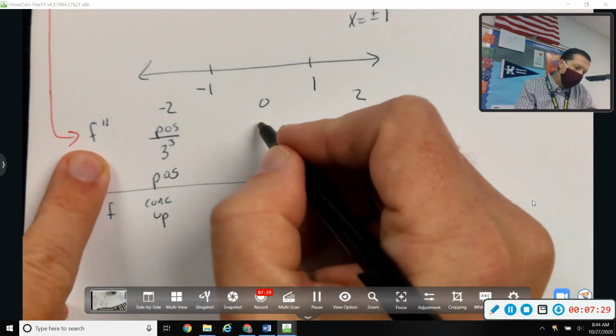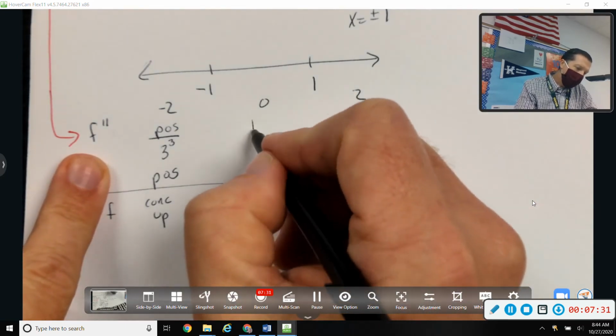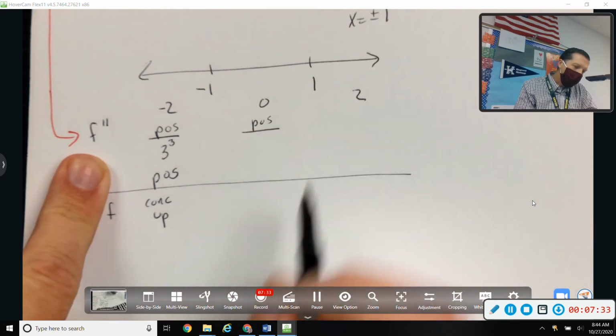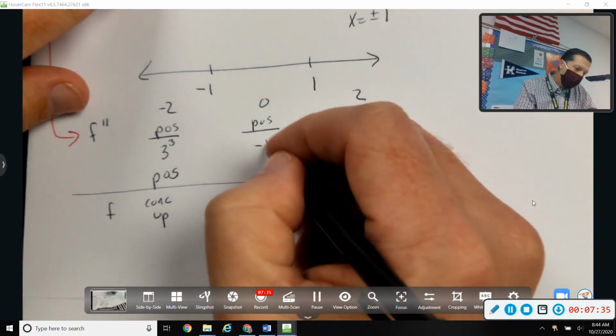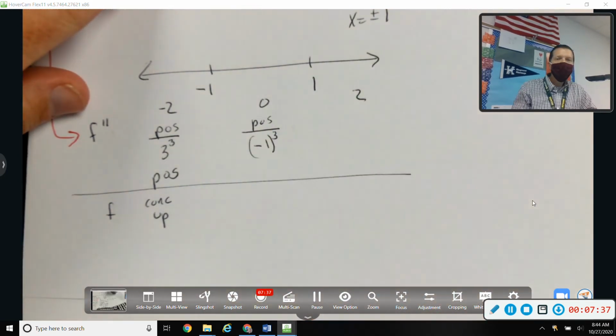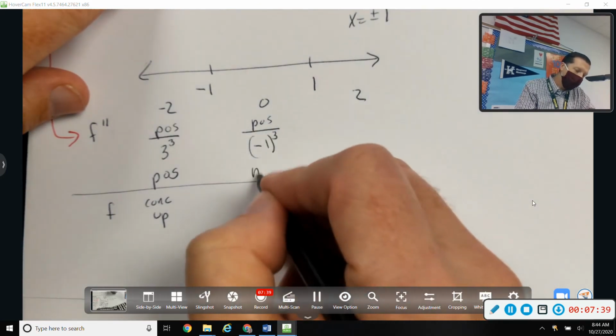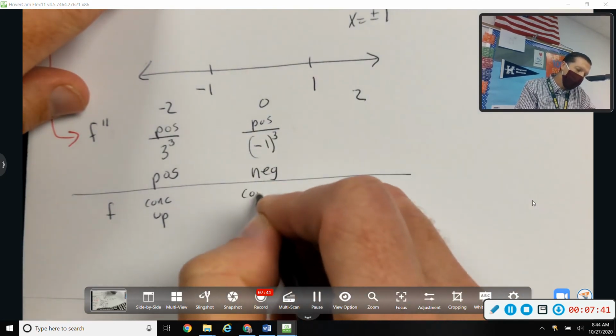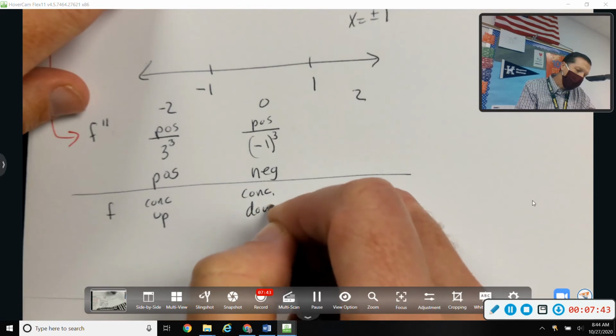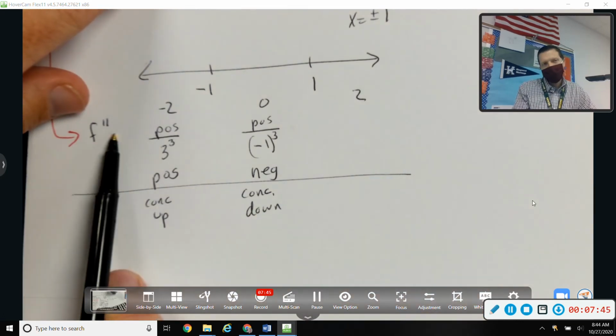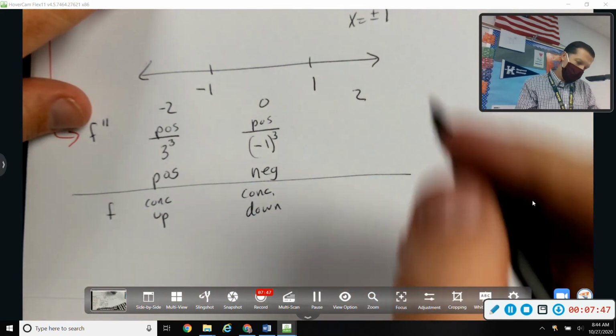If I plug in 0, again the top's always positive. The bottom, I end up with -1 cubed, which is negative. So f would be concave down, because f double prime, the second derivative, was negative.